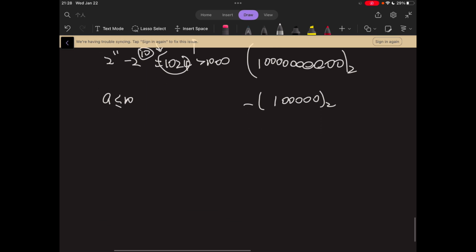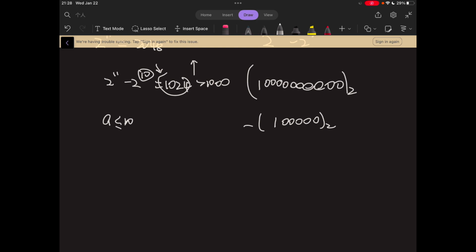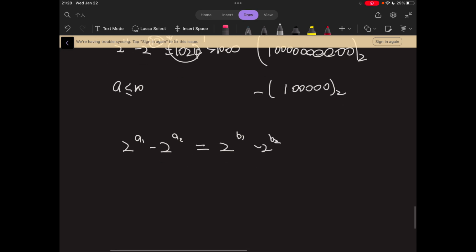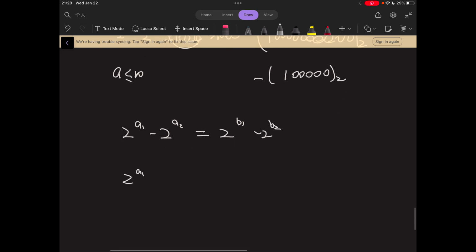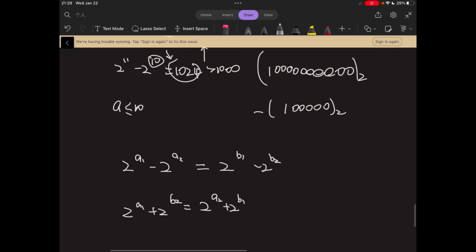Now let's see. We prove this by contradiction. If these two are equal, rearrange them a bit, and then the minus became plus.